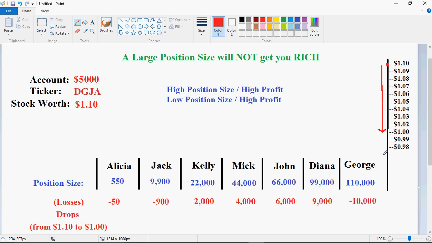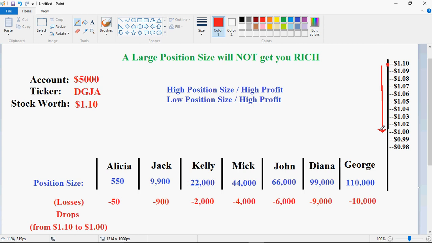And this is why I told you high position size is not smart. At first it looks smart, yes, but you have to consider the thing that I told you to consider. You have to consider what happens when it drops. What happens if it goes in the opposite direction?